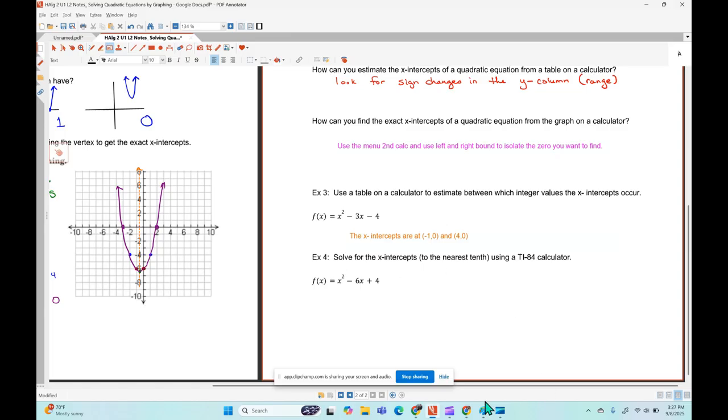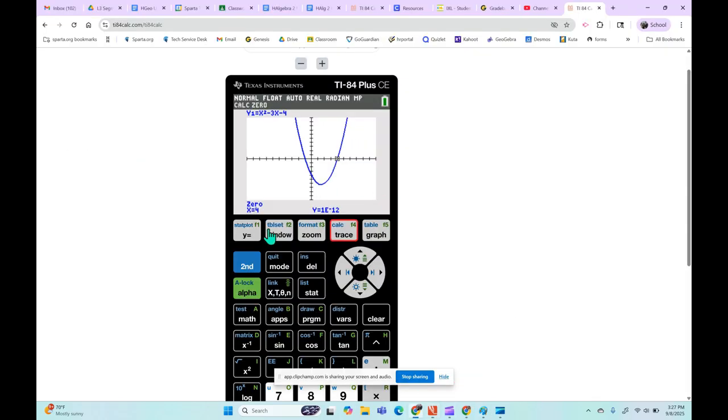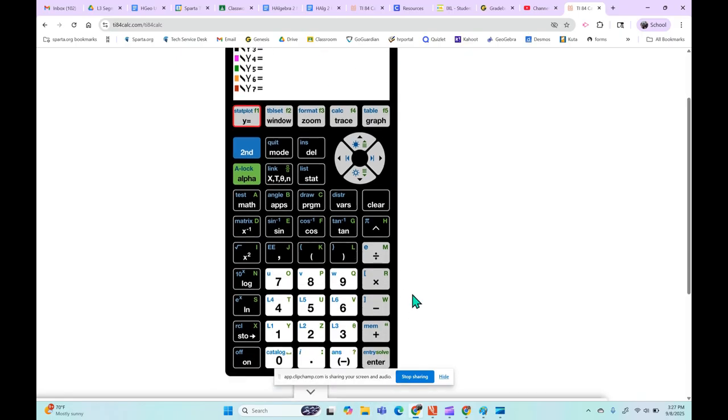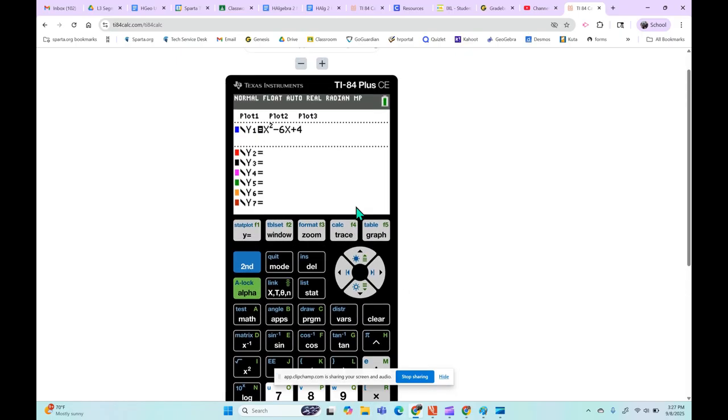All right, so let me go back and change it now to this new equation, x squared minus 6x plus 4. Okay, graph it.